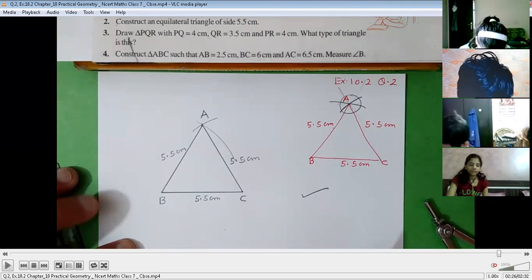Yes. With B as center or C as center, you can take any as the center. If you're taking B as the center and radius 5.5 centimeters, draw an arc.